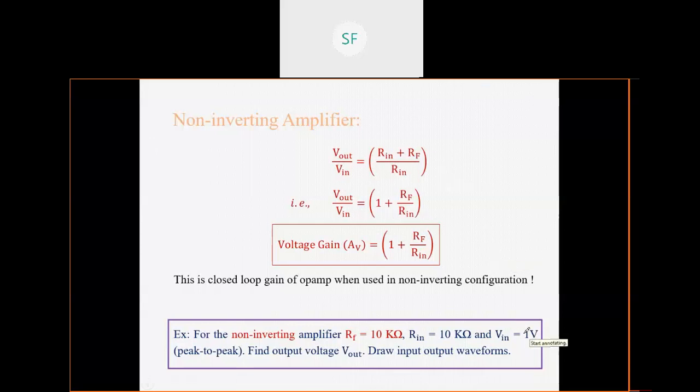The same mistake is happening here also, which is that it should be 2 volt peak to peak. Now again you have to find the output voltage and draw the input output waveforms.